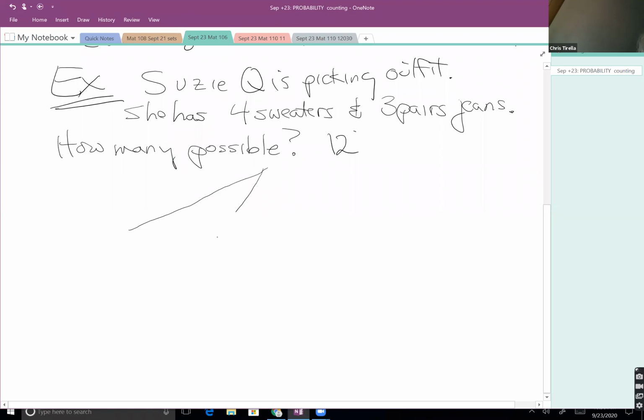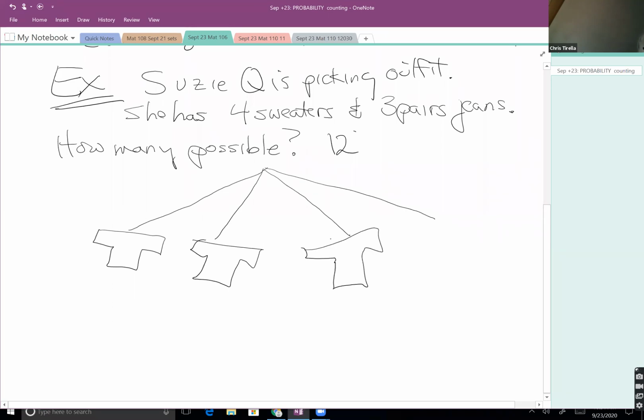let's say the first thing she does is she picks a sweater. And so, folks, this is why I teach math and not art. She has 4 different sweaters. Those look like sweaters, don't they? They're silly. They're numbered 1, 2, 3, and 4.